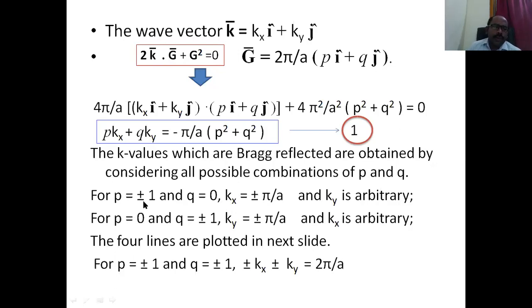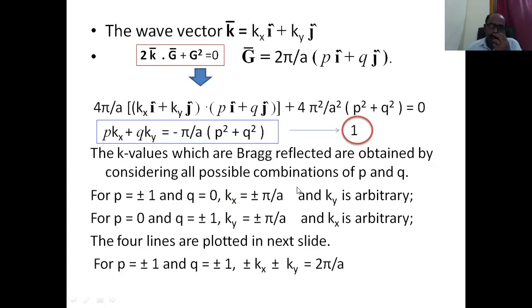For p equal to plus or minus 1 and q equal to 0, we write in equation 1. On the right-hand side, since it is a square, we get only positive, but on the left-hand side p and q are there. If we write p as plus or minus 1, obviously we get kx equal to plus or minus pi by a, and ky may be any arbitrary number.